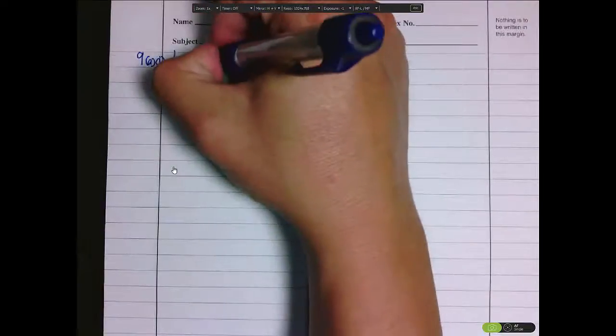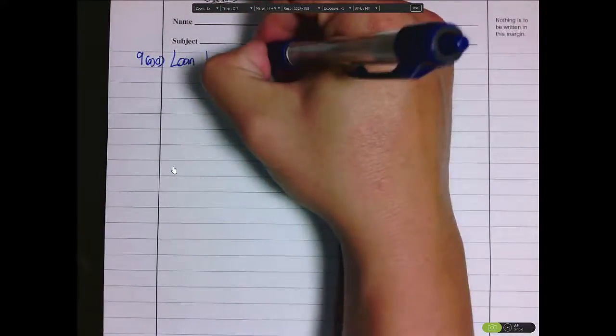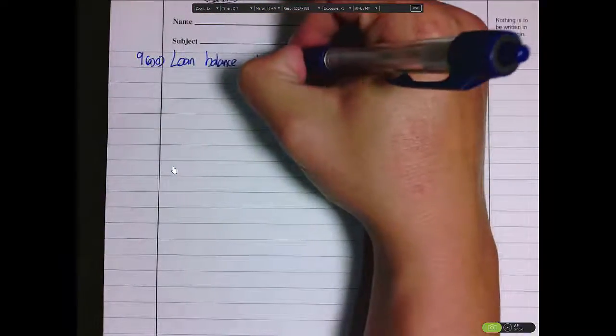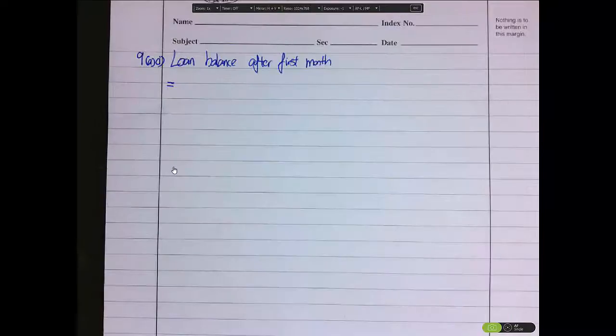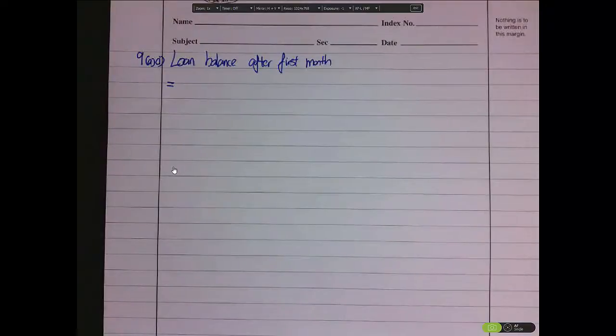9A part 1. First and foremost, we can talk about the loan balance after the first month. Notice that if it is 7% annually, it means that at the end of each year you pay 107% of that principal amount.